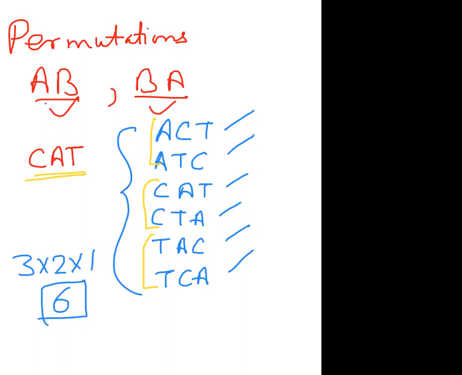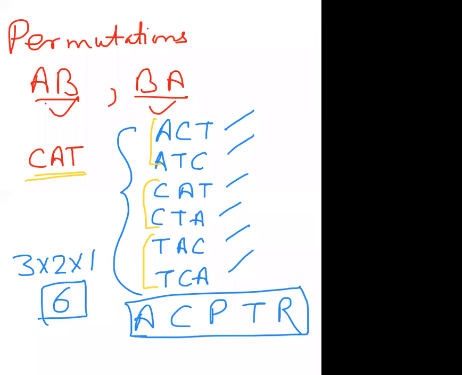They take their names, like first starting with A, then C, then P, then T, then R. With these, they will shuffle and write all the possibilities, and whatever seems much better, they will give that name to the organization.